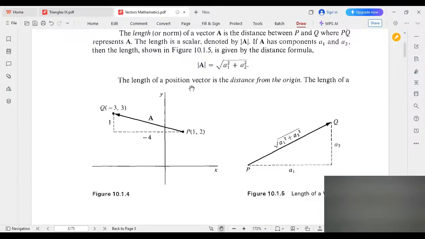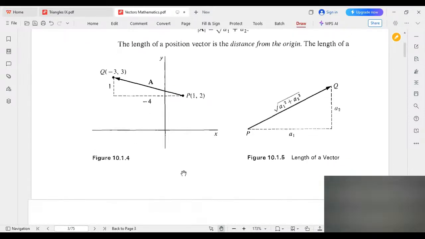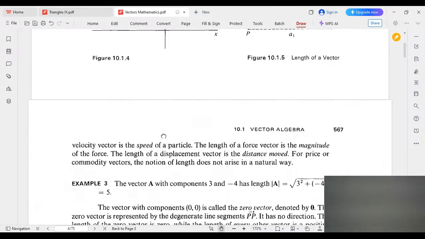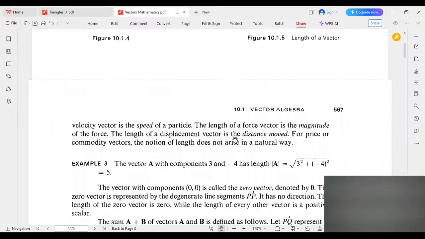The length of a position vector is the distance from the origin. The length of a velocity vector is the speed of a particle. The length of a force vector is the magnitude of the force. The length of a displacement vector is the distance moved.